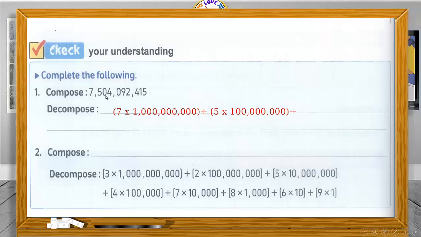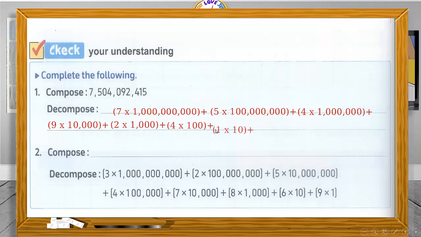Here nothing, don't write anything in expanded form. 4 in 1 million, so you should multiply 4 times 1 million. In 100,000 we don't have anything. 9 in 10,000, so you should multiply 9 times 10,000. 2 in 1,000, multiply 2 times 1,000, and 4 times 100, 1 times 10, 5 times 1.